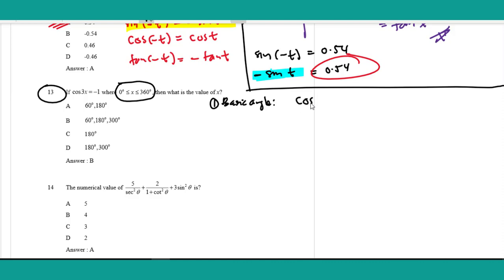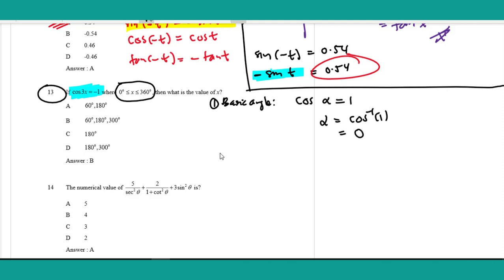So cos alpha is equal to 1. Cos 3x is equal to 1. Ignore 3x, change to alpha, and ignore the negative sign, just take the positive value. Then the basic angle alpha is equal to cos inverse of 1, or 0.